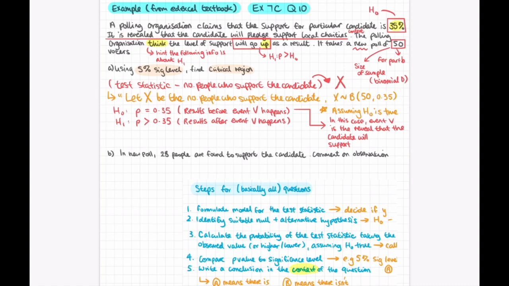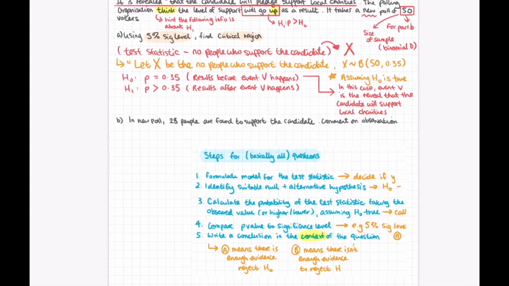So the event is that the candidate says that he will support local charities. For example, the Prime Minister might say, if you vote for me, then I will lower the taxes for the rich. Not saying anyone in particular. And so that is step 2, hypothesis.